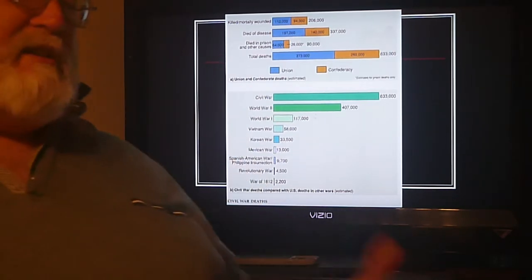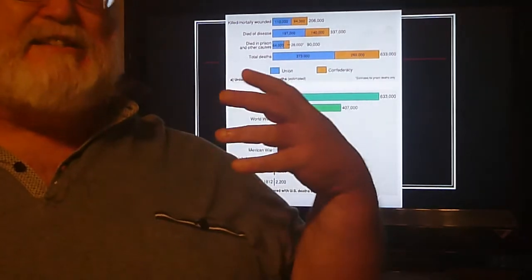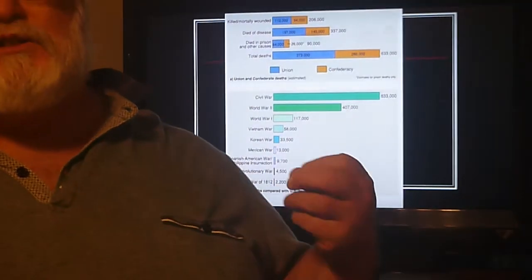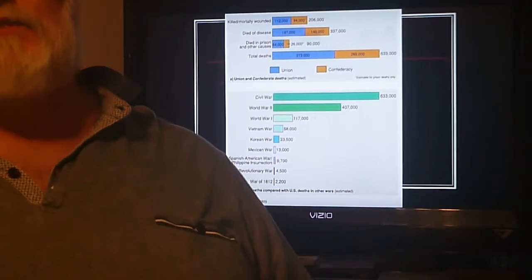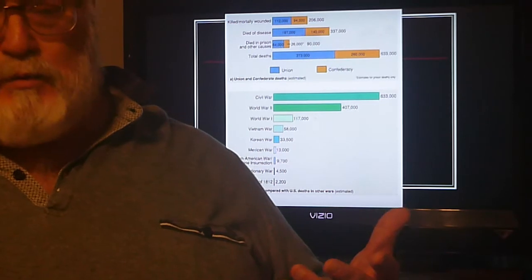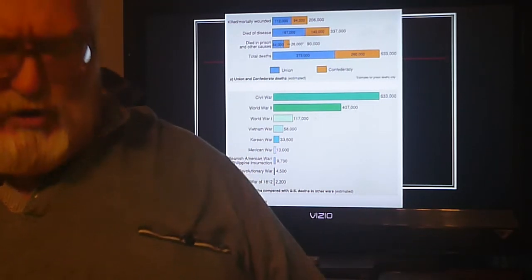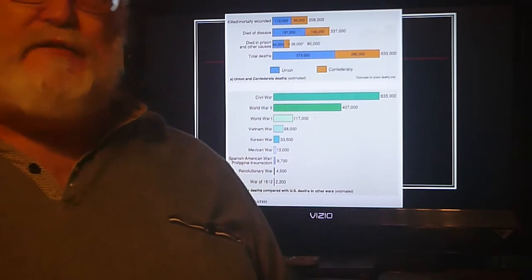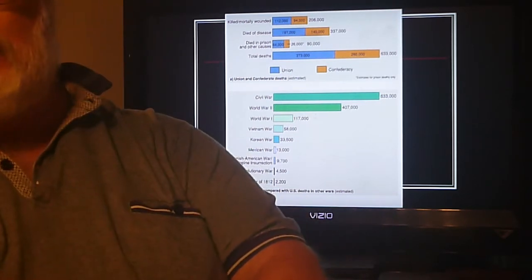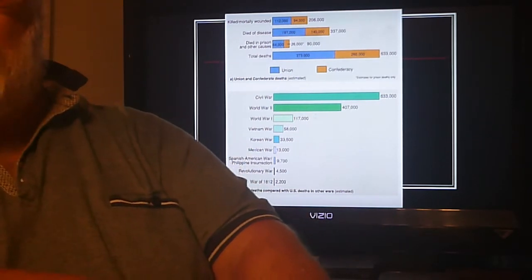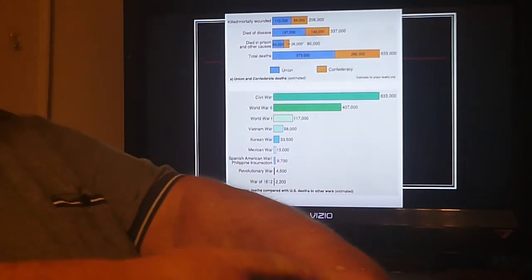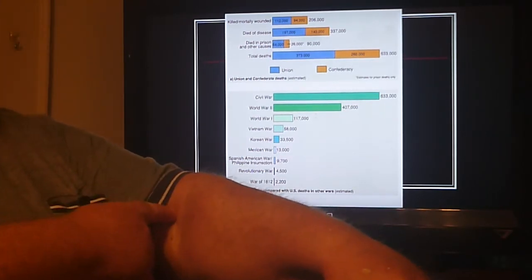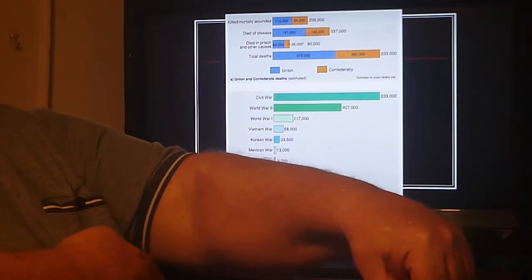So what's going to happen is in these field hospitals where you have these massive charges and people shooting each other at such close proximity and doing so much damage, if you get hit in the forearm, they're going to go up to the next joint and cut it off right there.